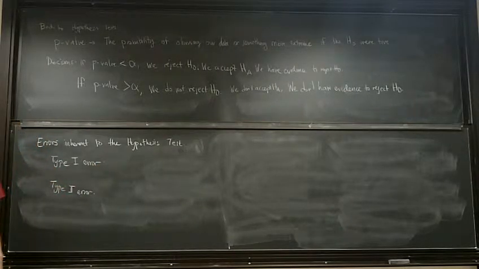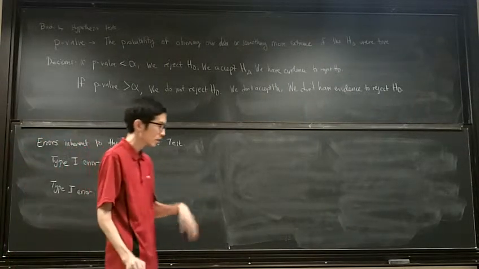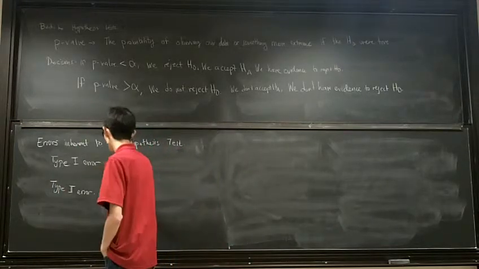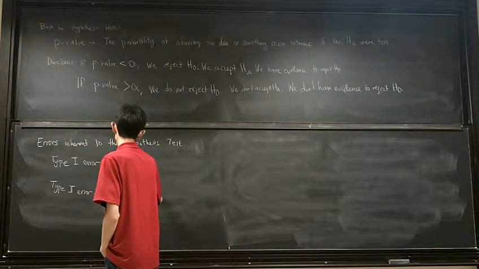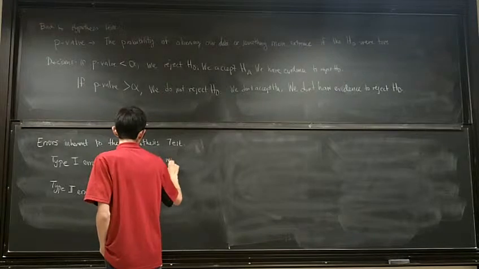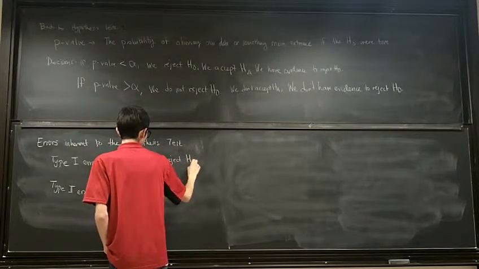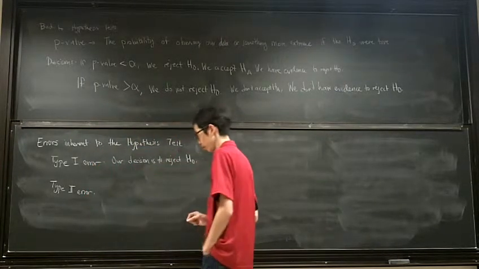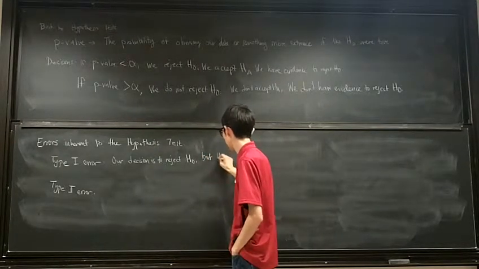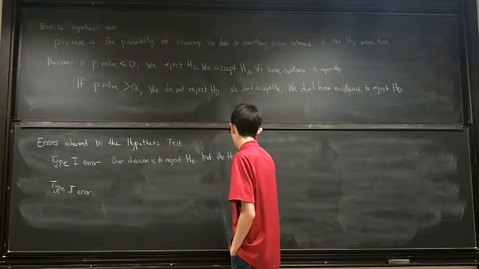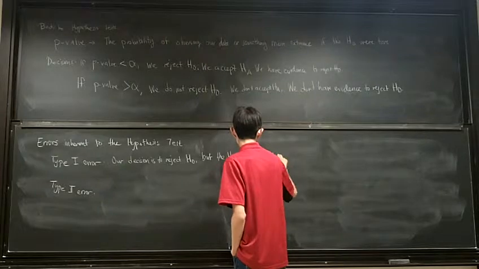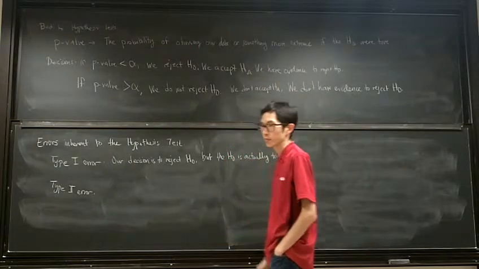The type 1 error is where we have rejected the null hypothesis. Our decision is to reject the null hypothesis, but the null hypothesis is actually true. That's a mistake.